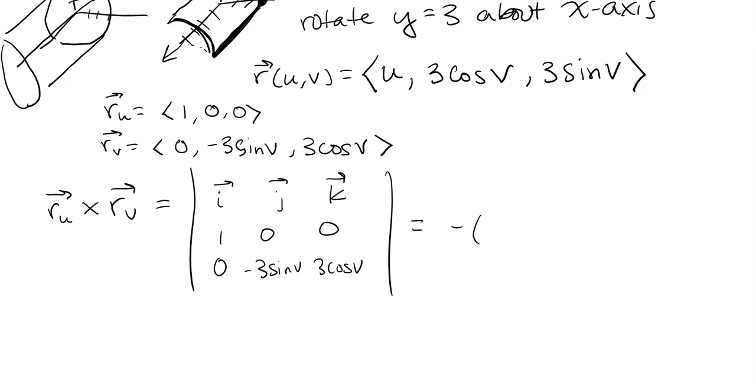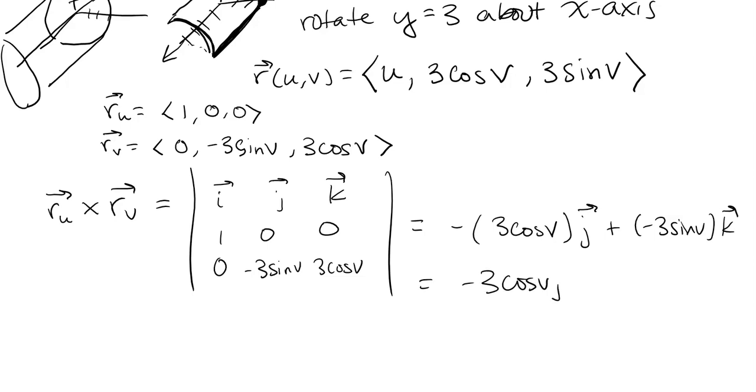Then minus for j, we get 1 times 3 cosine v minus 0. And then plus for k, we get negative 3 sine v minus 0. So we get negative 3 cosine v j minus 3 sine v k. So we can take the magnitude of that cross product.